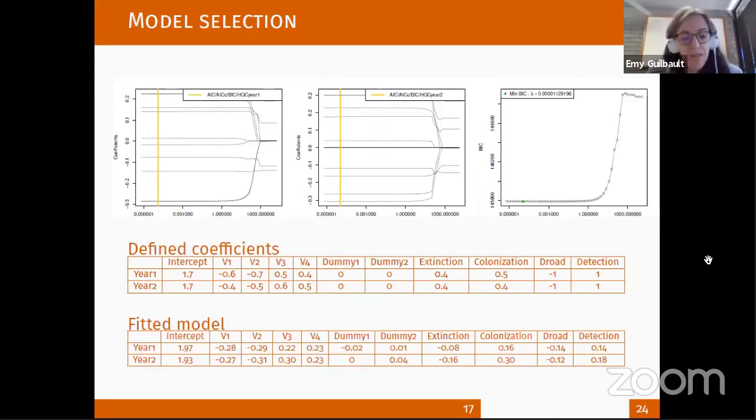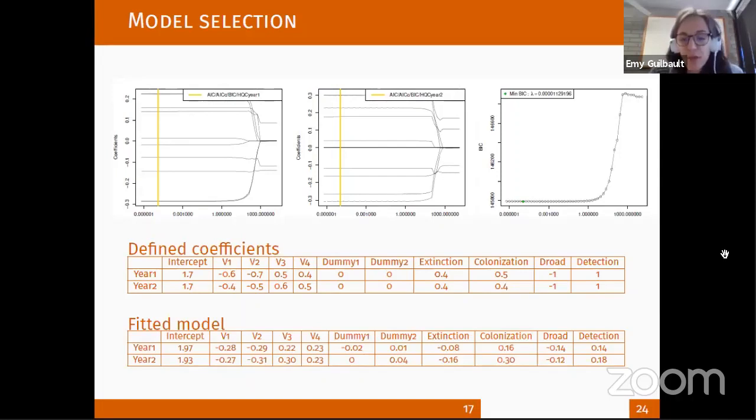And my fitted model is expressing a similar tendency to what I defined first. We added some dummy covariates, and we can see that they are shrunk. That's good, because those variables didn't account for much in the model.